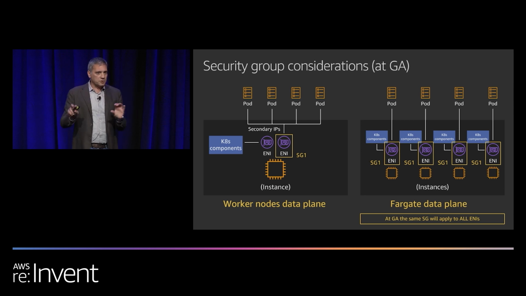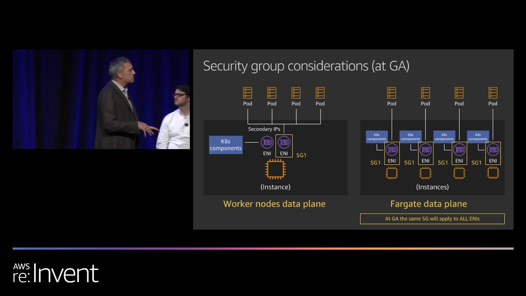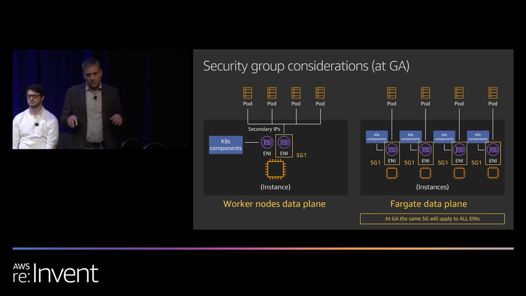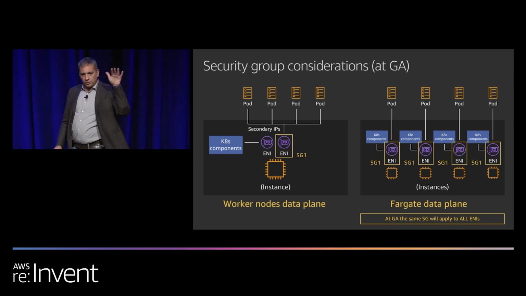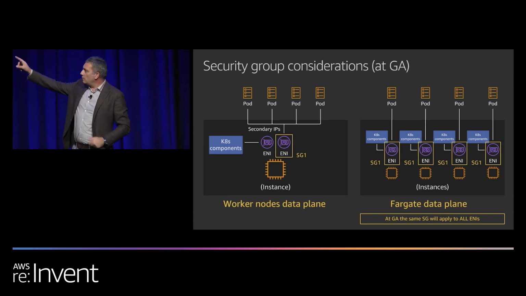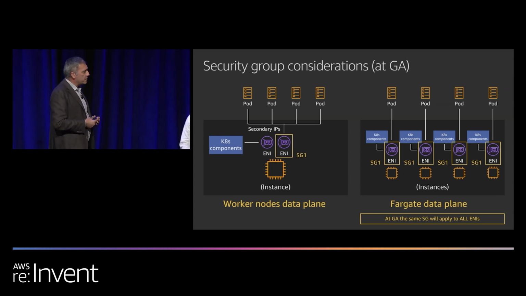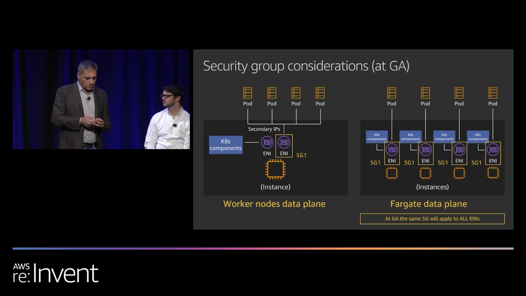So we could differentiate potentially. But at launch, we decided not to do this to make things a little bit easier for the user, okay, for now. So every pod that you deploy in that cluster is going to have a single security group, pretty much like how it was happening with the traditional worker nodes. Good.